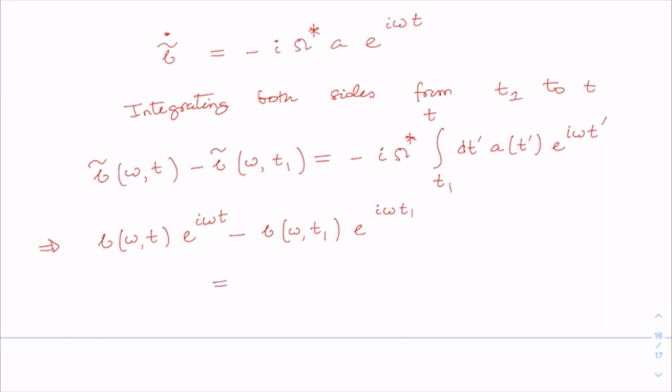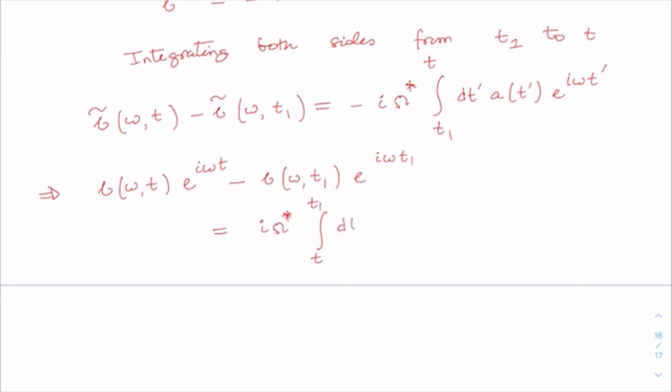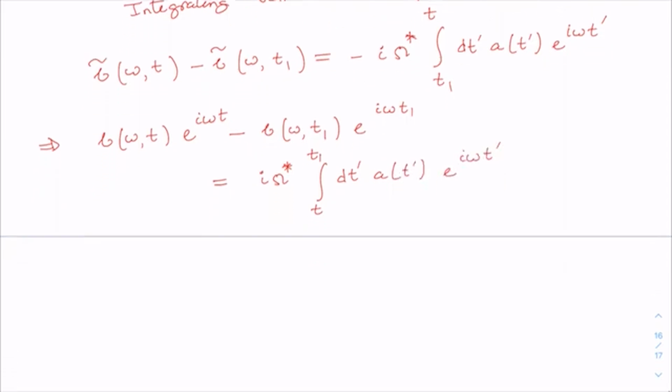and this is equal to, now let me just reverse the integration. So here I now go from t to t1, so I will have a plus i omega star dt' a of t' e to the power i omega t'.